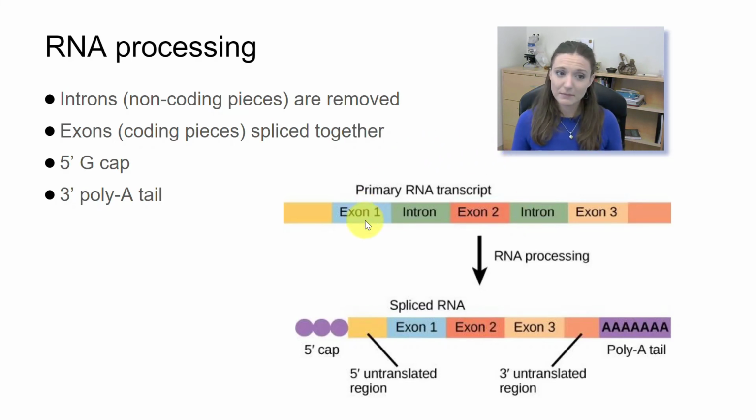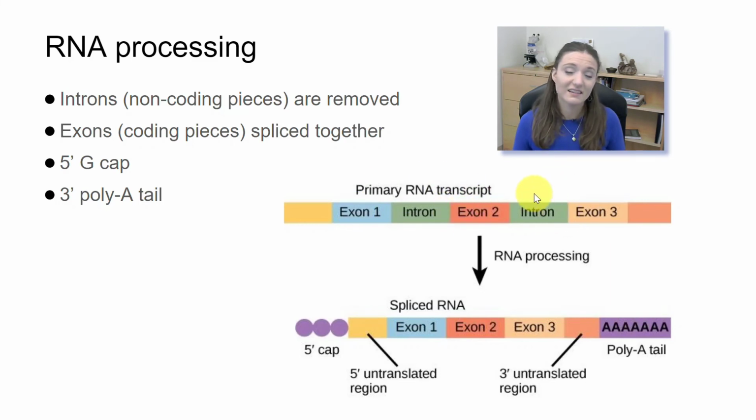The remaining pieces that we do want to keep, that do contain information for how to build this protein, are called exons. These exons are information that we need to build this specific protein. We're going to take out the introns and then connect together the exons.